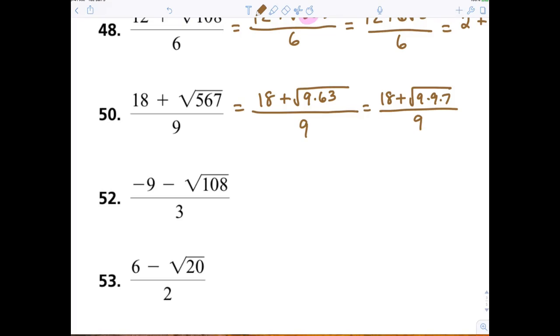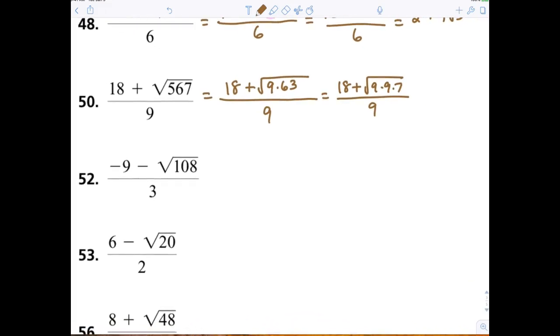Is everybody with me? 63 breaks down to what? You with me now, right? Now, how many 9s do I have under the radical? So it comes out as a 9.